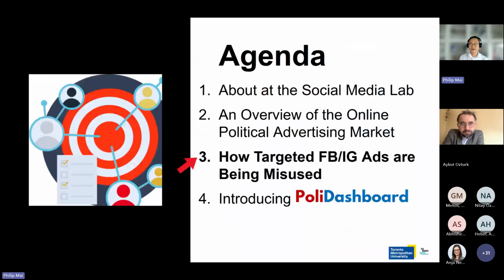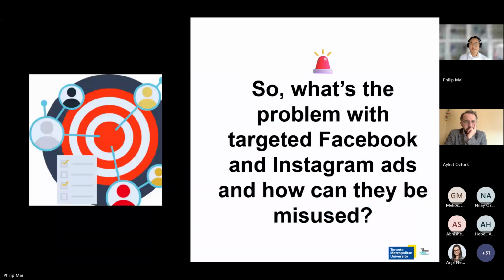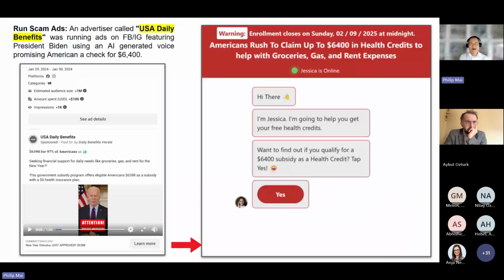So how are targeted ads on Facebook and Instagram being misused? We've used our tool to document and catch people using it in really negative, bad, and sometimes illegal ways. So here's one. Last year, we found an ad that was basically a scam ad.